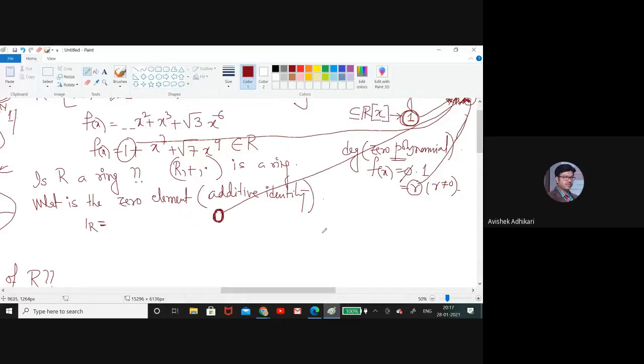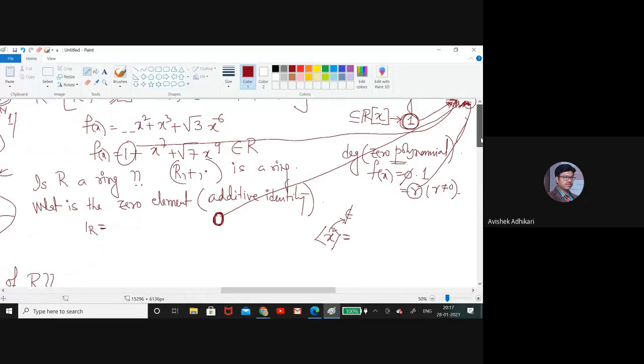So X should belong to R? Oh, sorry, sir. So X square, the ideal generated by X square. Yes, good. So X does not belong to R.